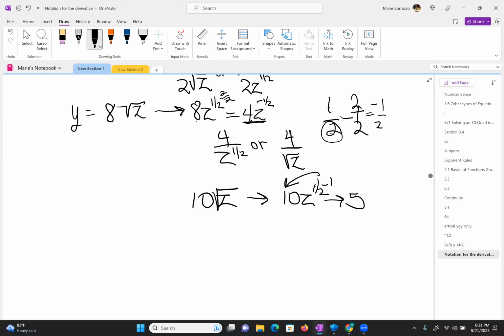So 1/2 minus 1. That leaves me z to the negative 1/2, correct? Yeah. I then correct it. So it's really 5 over z to the positive 1/2. Or 5 over square root of z.